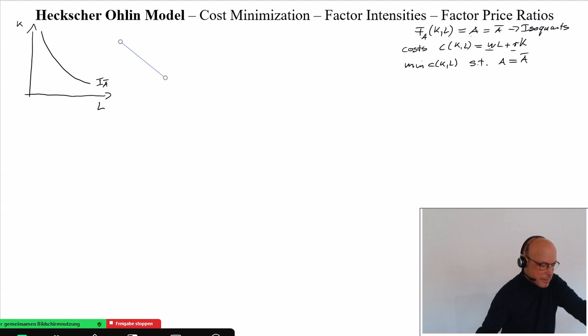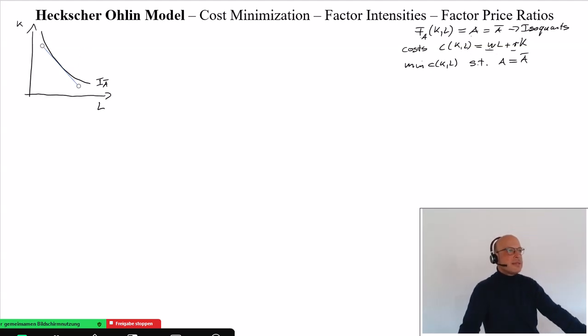And this linear line, since we want to minimize these costs, we just move this linear line as far as possible downward to the left. And the cost minimizing point we just obtain then similar to utility maximizing, where the slope of our isoquant meets the slope of our cost function.